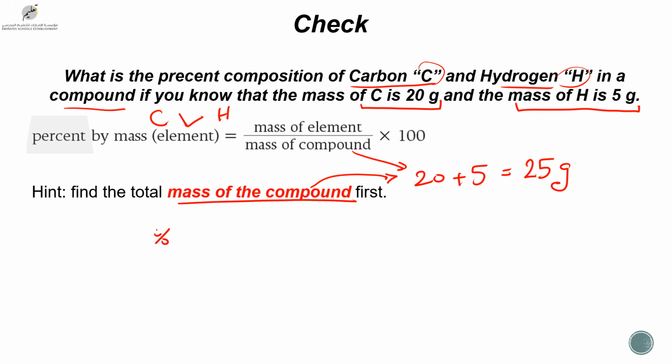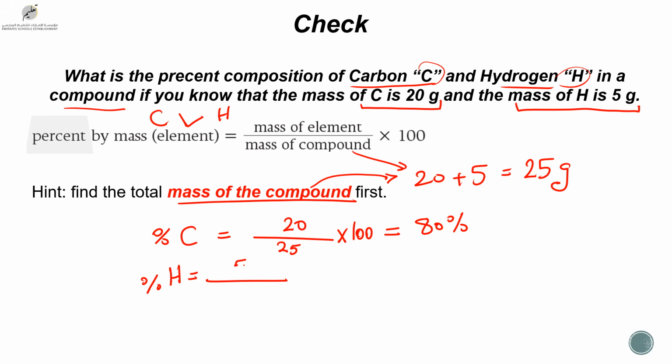So the percent of carbon will be 20 divided by 25 times 100, so it will be 80%, and the percentage of H is going to be 5 over 25 times 100, which will be 20%.